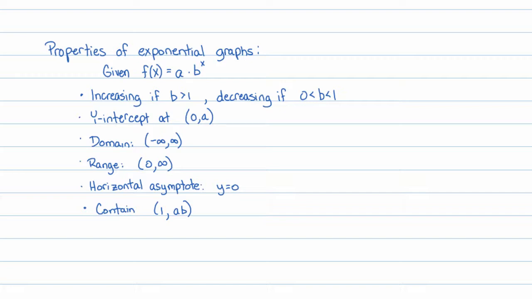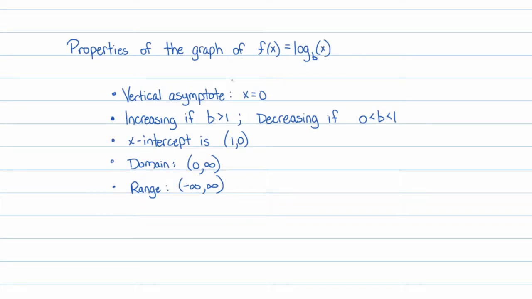Logarithmic graphs also are increasing if the base is greater than 1, and they're also decreasing if the base is between 1 and 0. So there we go. That's this first property of the graph of the logarithmic function. It's increasing if the base is greater than 1, decreasing if the base is between 1 and 0.